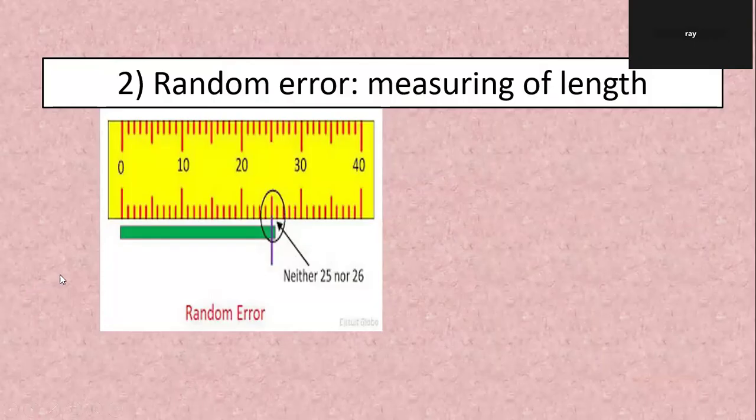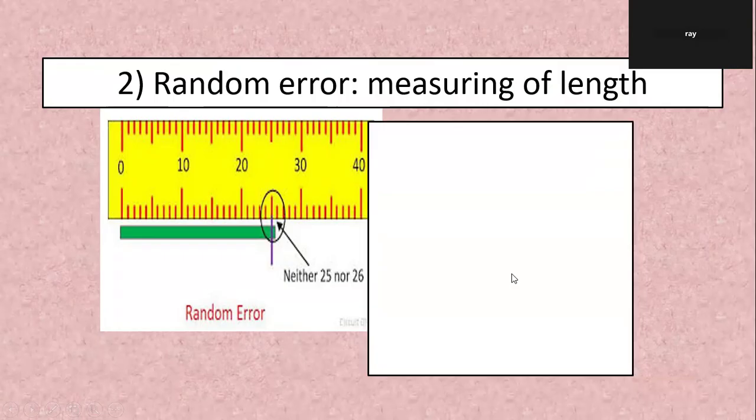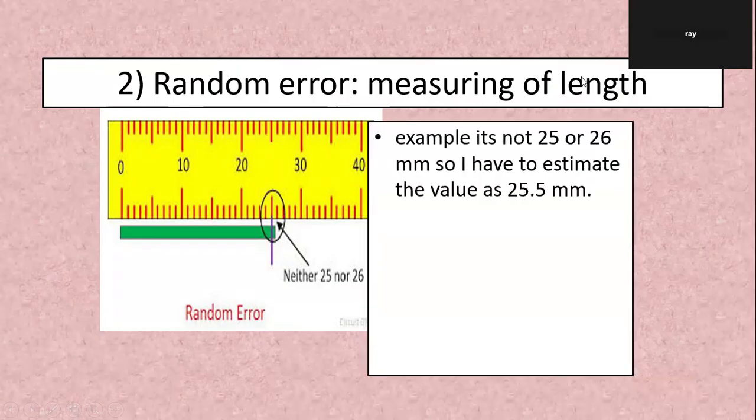Random error, measuring of length. Example, it's not 25, right? It's not 25, not 26, it's between them. So I have to estimate as 25.5. That's why it's an error. Some will say 25.4, 25.3, 25.6. It's okay. We won't argue about that.